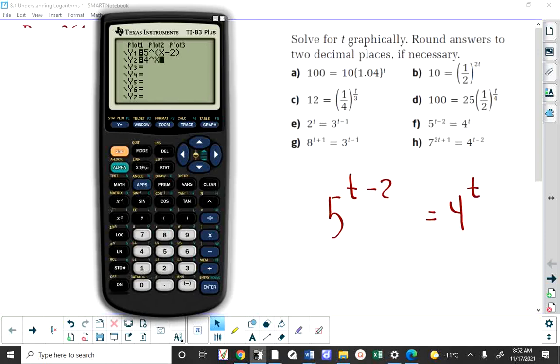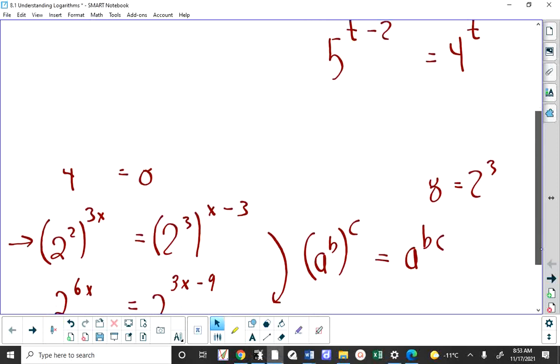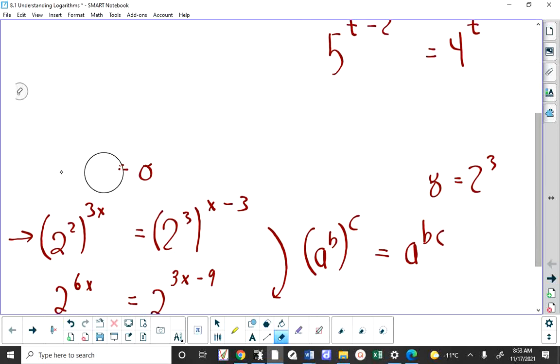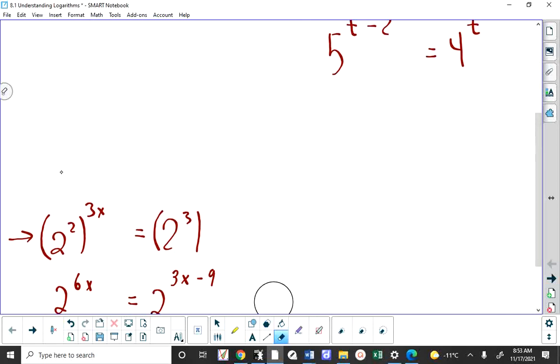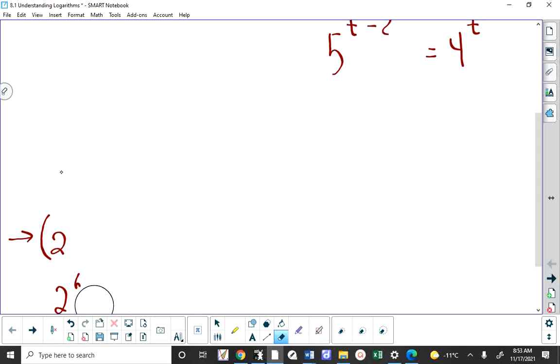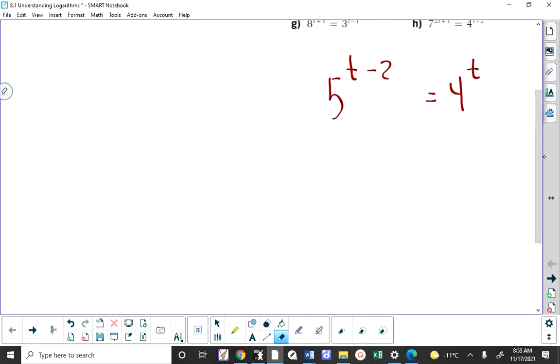Now, I do know something about these graphs. 4 to the x is one of those very basic exponential functions that we've talked about, c to the x in your textbook, or b to the x, or a base to the x, where the base is greater than 1.